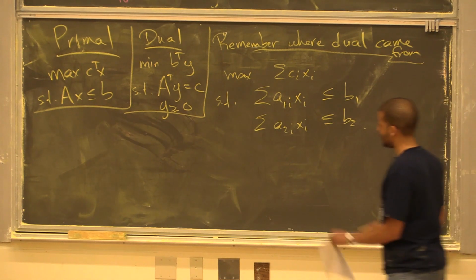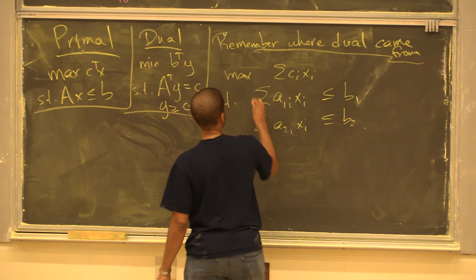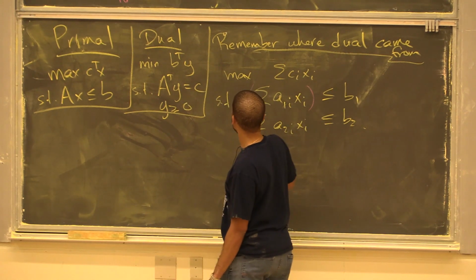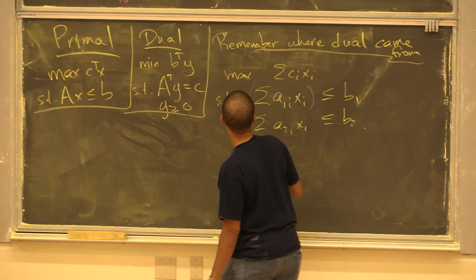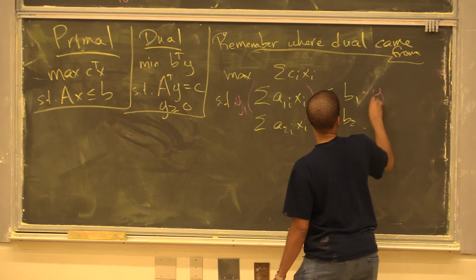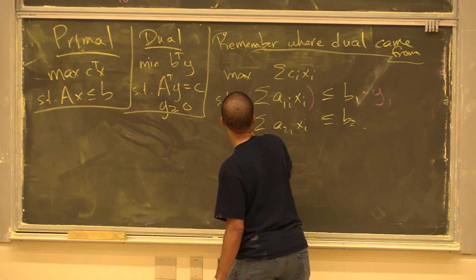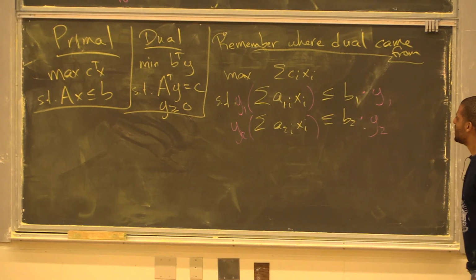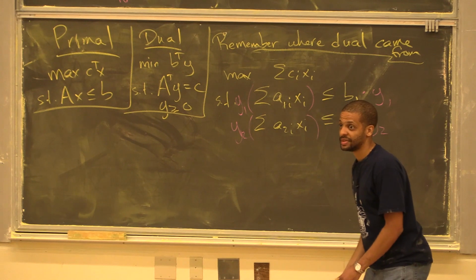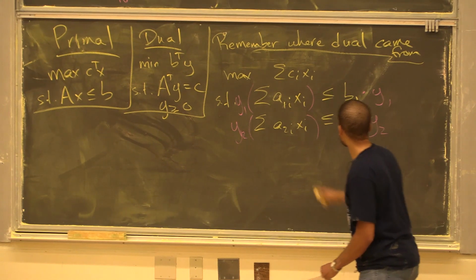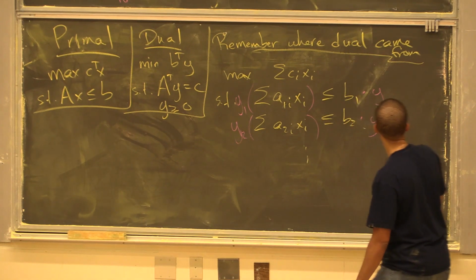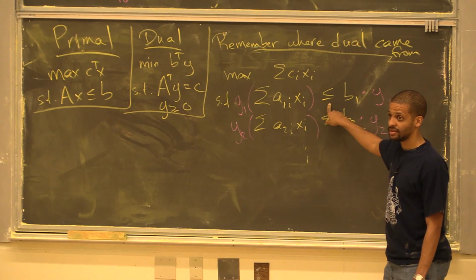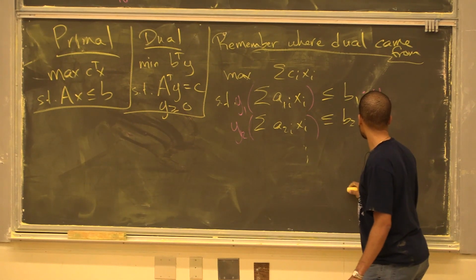And then we said, let's multiply every constraint by some number. So y1 here times y1, y2 here times y2. And then we added them all up. And when we added them all up, as long as the y's were non-negative, it didn't flip the sign of the inequality.